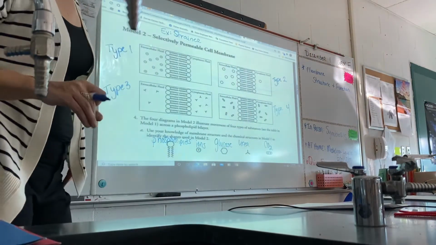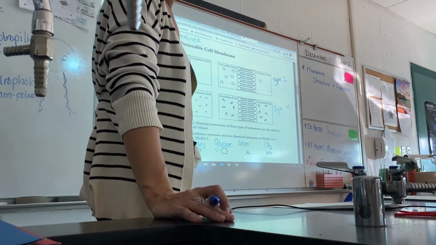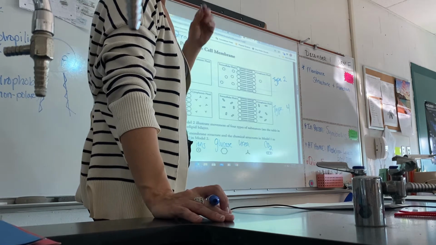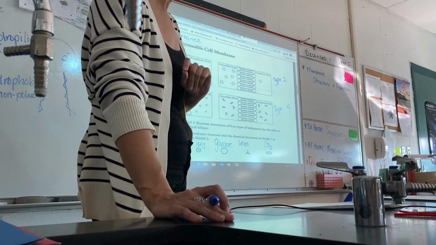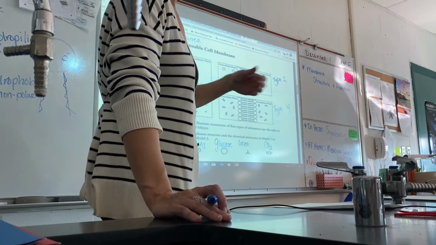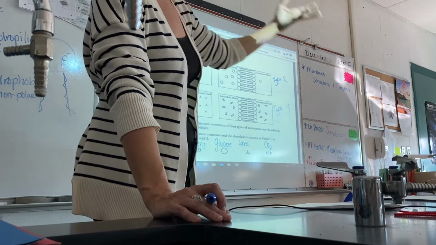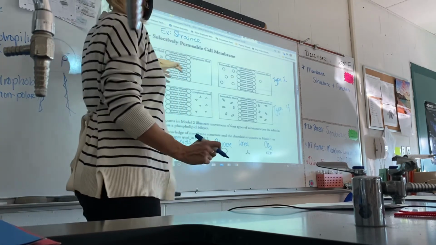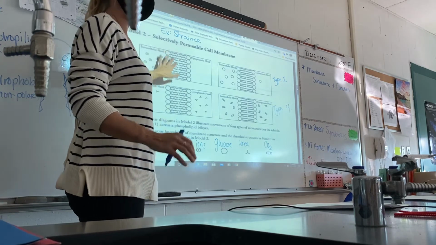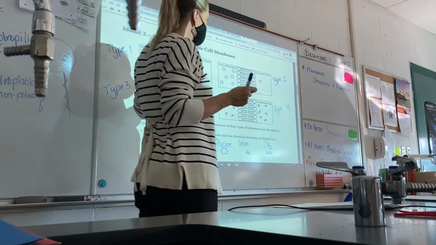Then the last thing we need to do is circle the side of the membrane where the ion or molecule would have originated in the normal function of a cell. So that goes back to those first 2 questions. Which ones are trying to get in, which ones are trying to get out. I'm going to skip type 1 because we haven't talked a whole lot about ions yet.